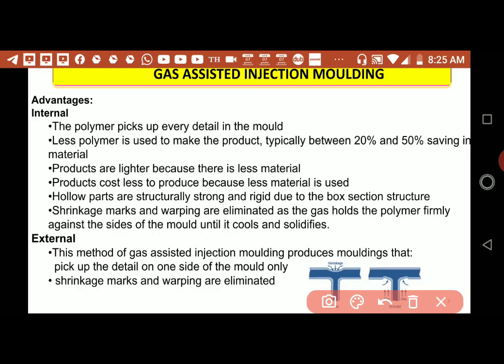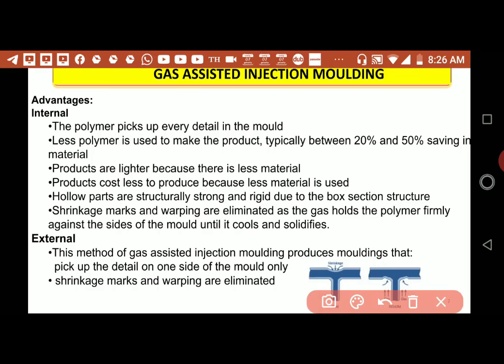The advantage of external gas assisted injection molding is that this method picks up details on one side. In internal, every detail of the mold is picked up, but here it picks up the details of one side only.